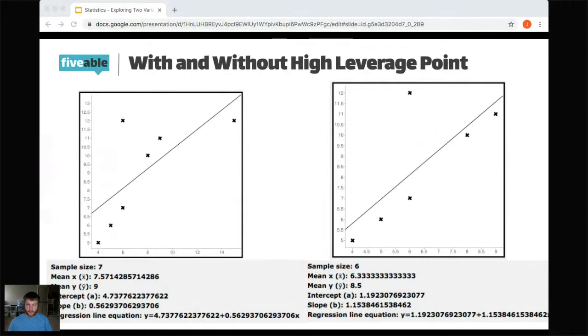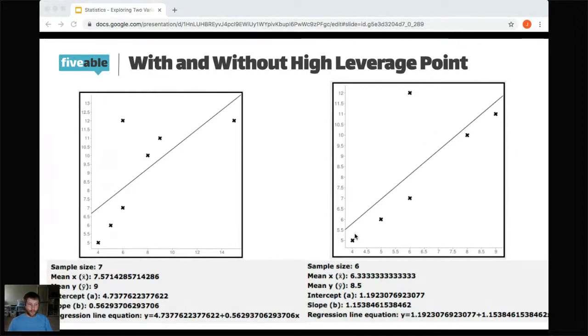Without, good. Okay, I was looking at the questions. I'll hop up there in just a second. Yes. So without the leverage point, it is going to be a higher R value. So the line is going to match it a little bit better.